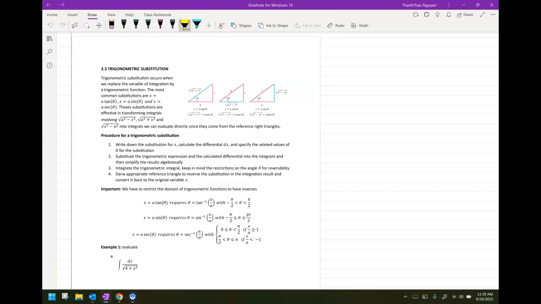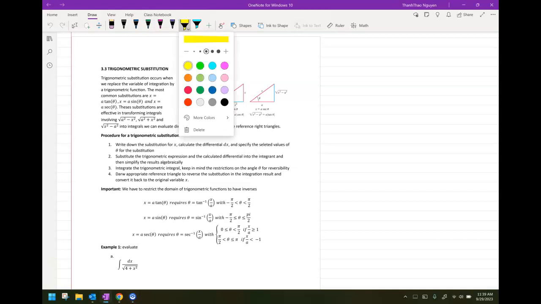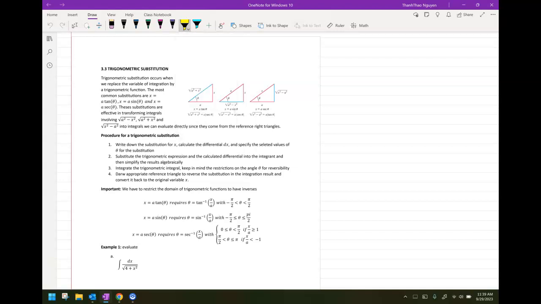Now, if you look at this chart here, we recommend, if you are given an integral of the form square root of a squared plus x squared, to use the substitution x equals a tangent of theta. If we have something with the square root of a squared minus x squared, we use the substitution x equals a sine theta.